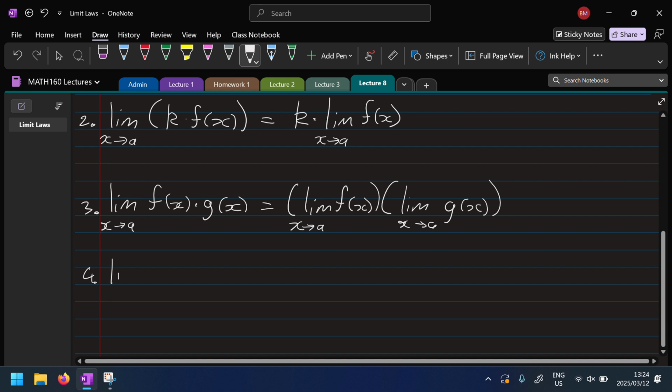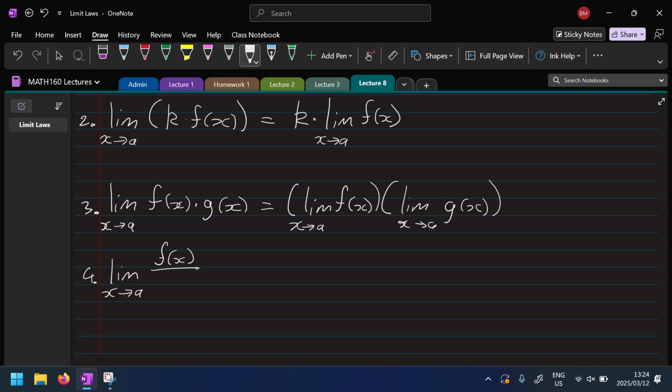Okay, number four, we have the limit as x goes to a of f of x over g of x. Very similar to number three, but now we've got the quotient. Again, if the limit of f exists and the limit of g exists, we can do it separately.